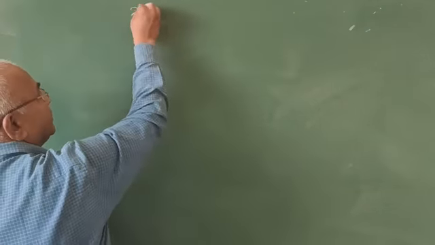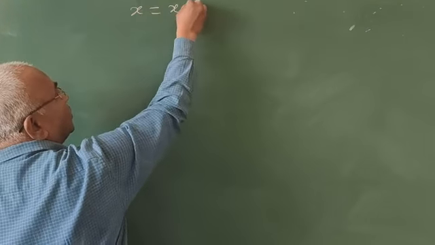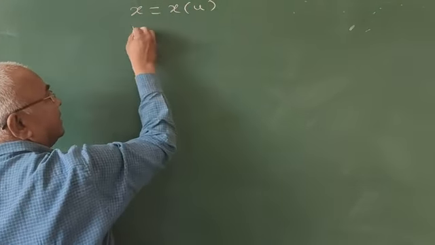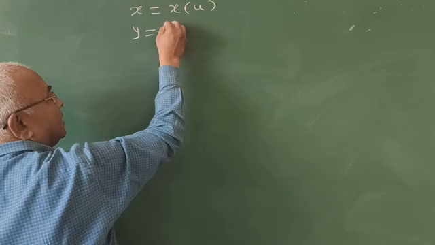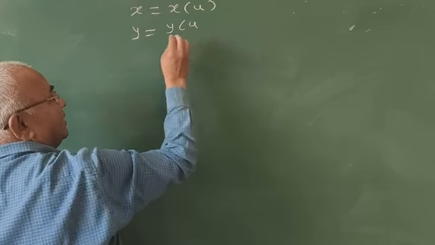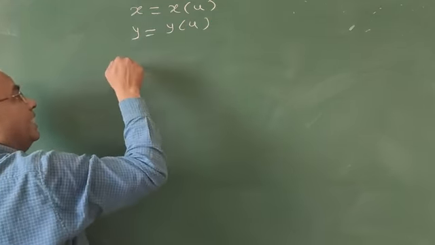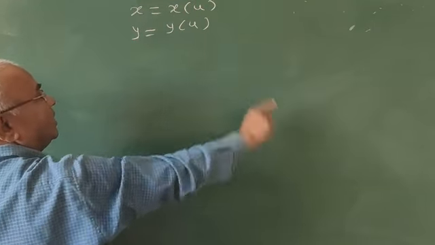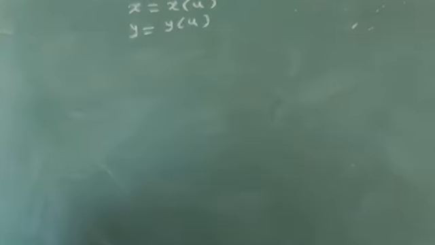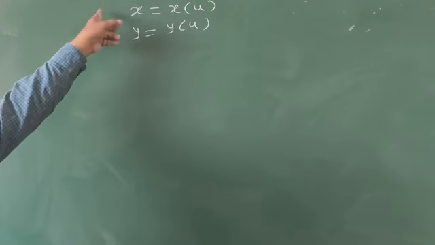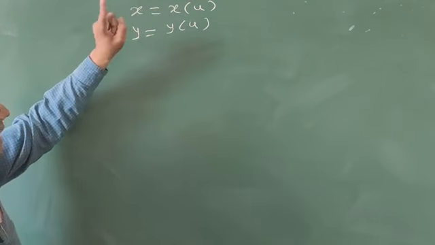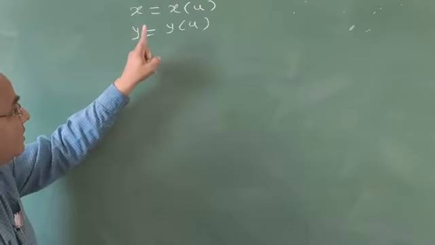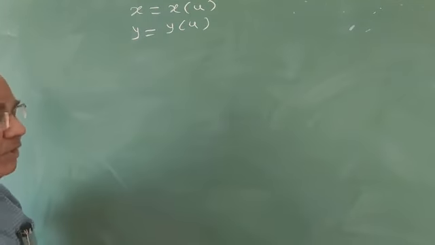Then again, suppose that x is a function of u and y is a function of u. The meaning of this statement is again that x depends on u, y depends on u. That means f is a function of x,y. Again, x and y are the function of u.